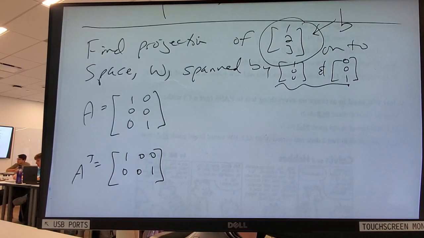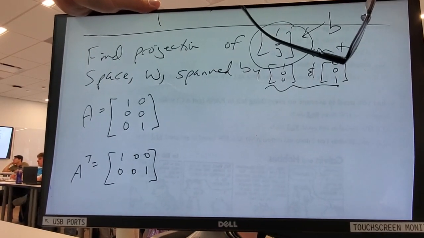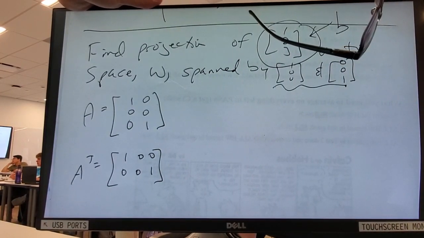So, do you guys see this is a very nice example? Yes? A whole bunch of zeros and ones. That's beautiful. Can anyone tell me what's really nice about the columns in this? Besides, there's a bunch of zeros. Much more specific. What's the length of each one, each vector?